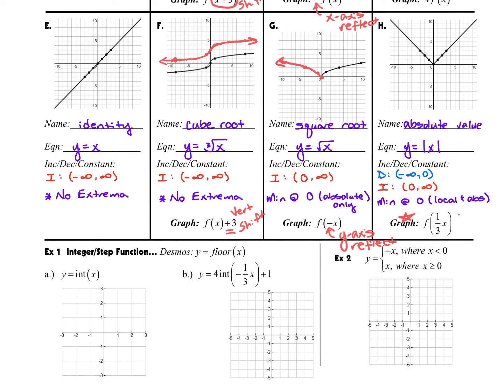This is a horizontal dilation, and these are always going to work in our minds backwards. Dilation. Okay, these ones are going to essentially work backwards. The way I like to always think about these is this 1/3, the x is kind of like a speed. So we're thinking, how fast is the graph going along our domain?